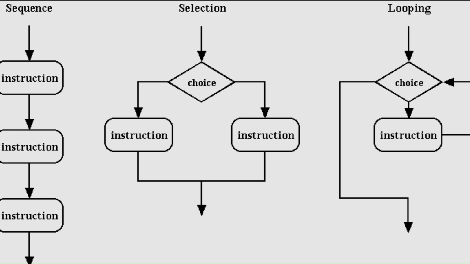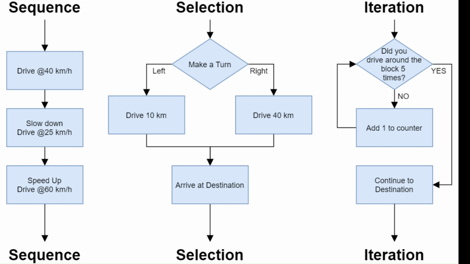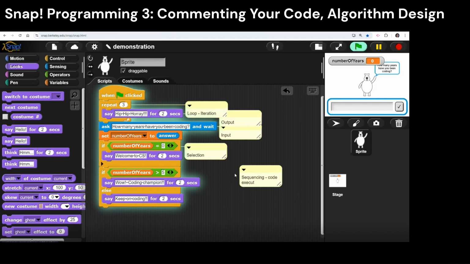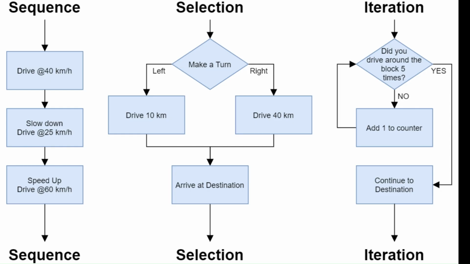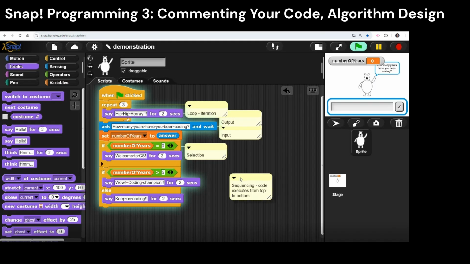That is iteration, which is your loops, selection, which is your if statements, and then sequencing is just a concept that code executes. I can spell this right. Your code segments will execute from top to bottom if you put them in the correct order. That's what's known as sequencing, from top to bottom. And I can just kind of leave this node off to the side.